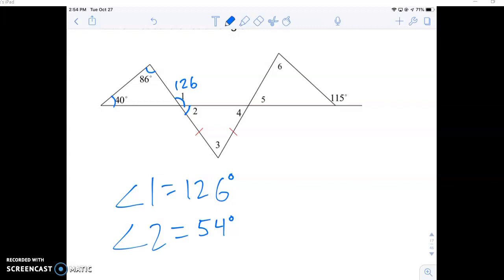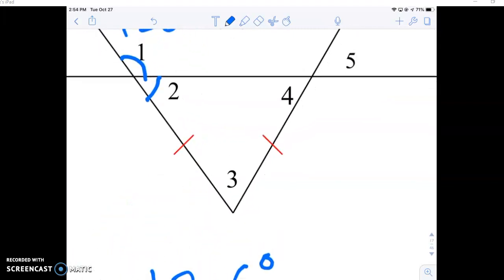And then also in 4.1, I don't remember if I mentioned it or not. But if you have an isosceles triangle, remember those tick marks tell us that those sides are the same.